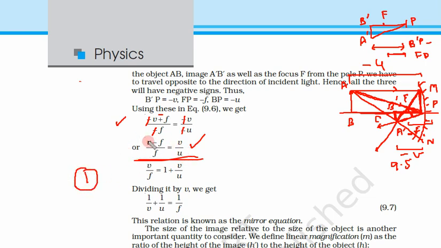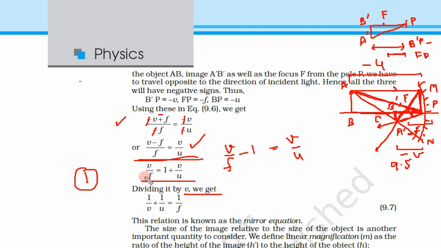First of all, v divided by f. So what we get? v divided by f minus 1 is equal to v by u. So this is the first way. Then we take 1 to this side. So what we get? v upon f is equal to 1 plus v by u. And then we divide the whole equation by v.